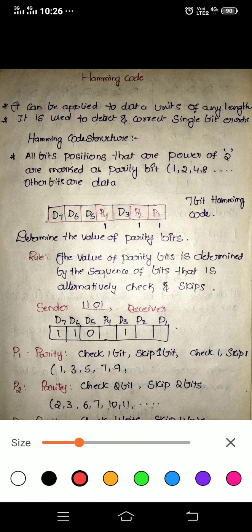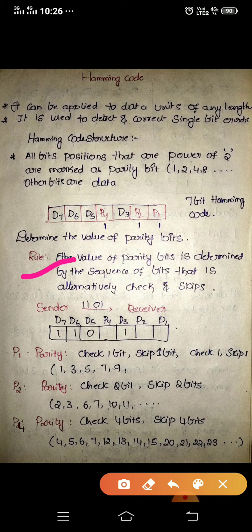Here the parity rule is that the value of the parity bit is determined by the sequence of bits that is alternately checked and skipped. Alternately check and skip means, for example, for the P1 bit, check 1, skip 1.